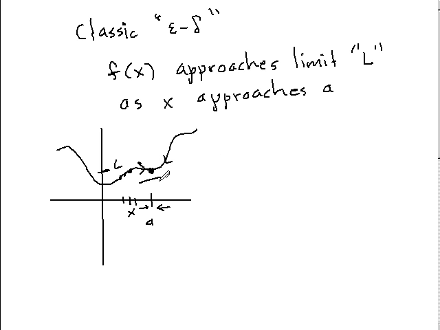So what you want to show is that if the function approaches this point, as you get closer and closer to this value, you're trapped inside some box here, if you will.